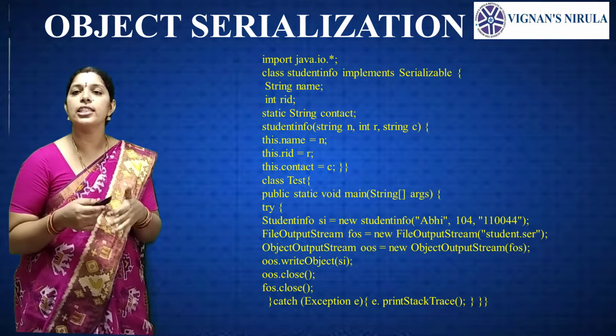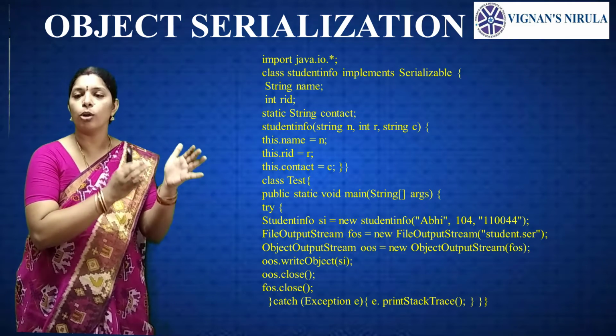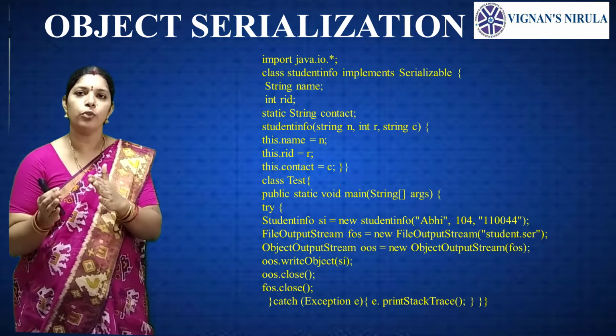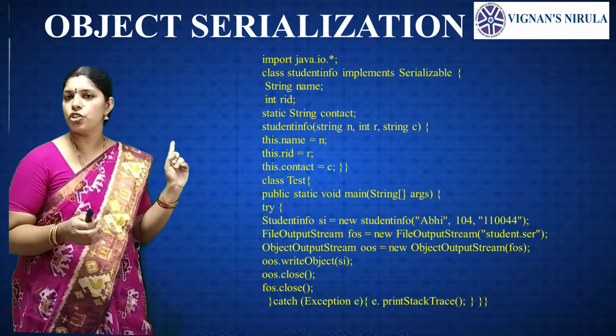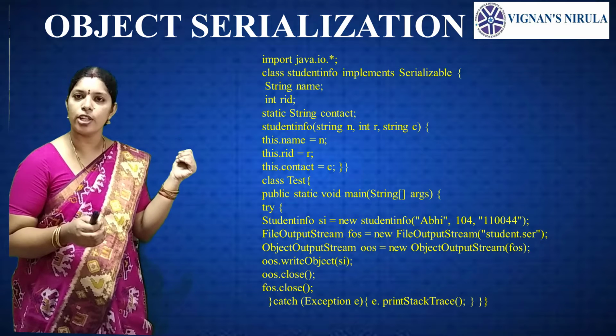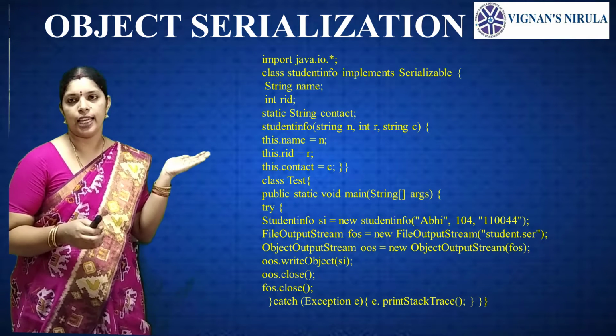Next, we are using FileOutputStream fos = new FileOutputStream. Whatever we want to insert, we are transferring the object into the byte stream. Here we are using the FileOutputStream and the ObjectOutputStream. So FileOutputStream fos = new FileOutputStream of student.ser.